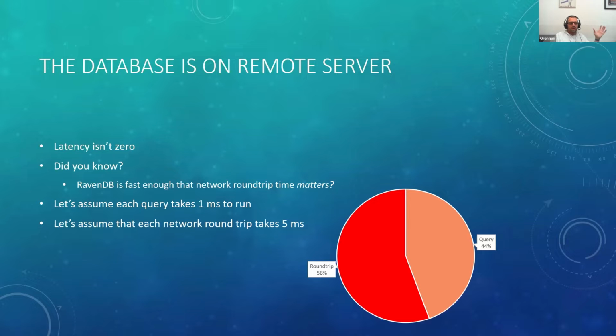So going back to latency isn't zero. What does it mean? When I'm developing a system, I'm typically doing that on my local machine. And I have a local database and a local application. Everything is local. And the amount of time that it takes me to reach the database is minuscule because it's in the same location. What happens when I go to production? Well, when I go to production, I'm moving to an application node and a database node.